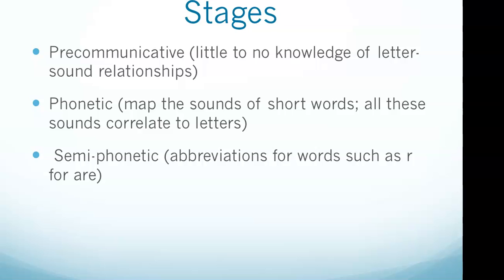And the semi-phonetic stage is similar to the phonetic stage, but often with abbreviations for words, such as the letter R rather than writing out ARE, or just the letter U rather than writing out YOU. And of course, all of us text message with the semi-phonetic stage, at least to a certain extent. But that's, I guess, another topic.